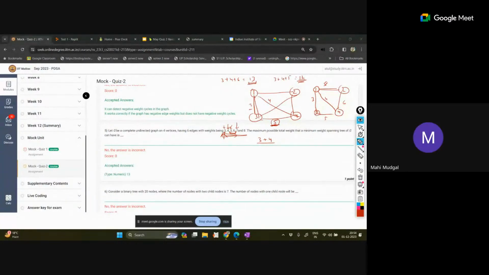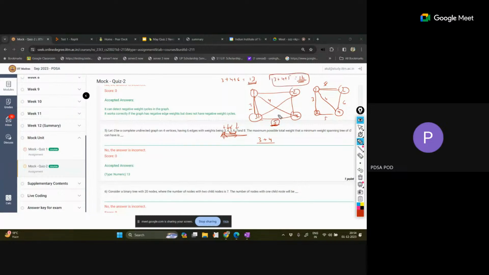Sir, how are we selecting 6 before 5? Because if this 5 creates a cycle between the 3 and 4 edges, we will not select it. So there are two possibilities. If this 5 does not create a cycle, it will be selected as the third edge, and we get the answer 12.